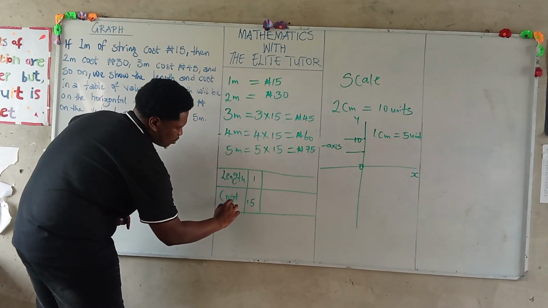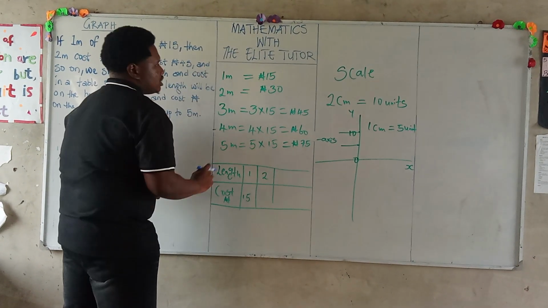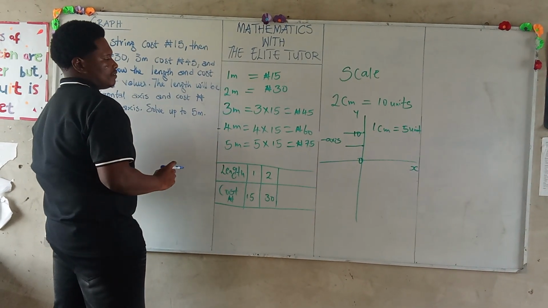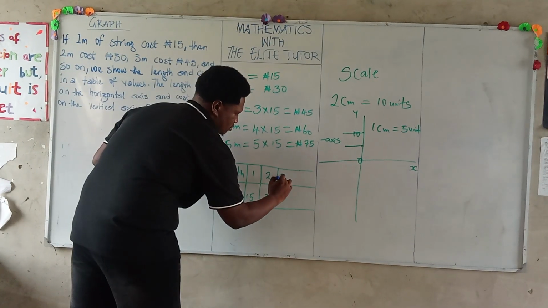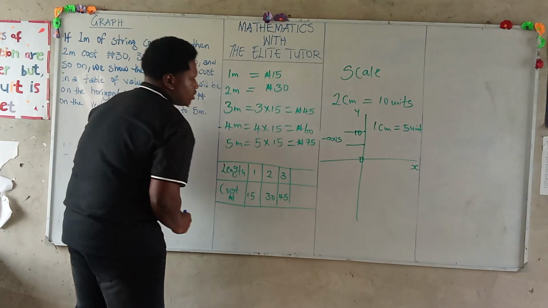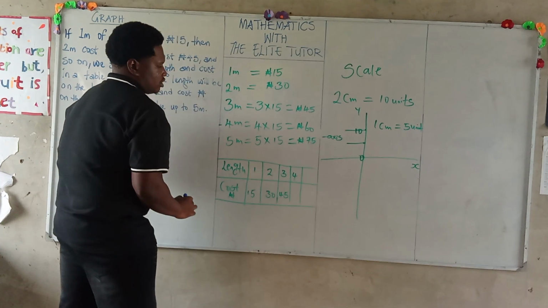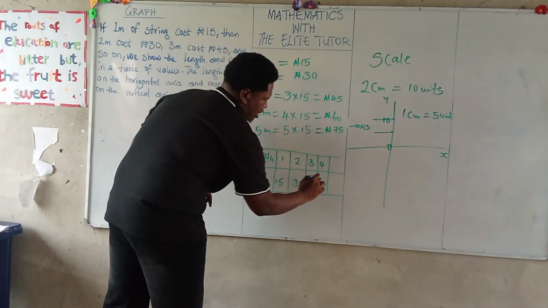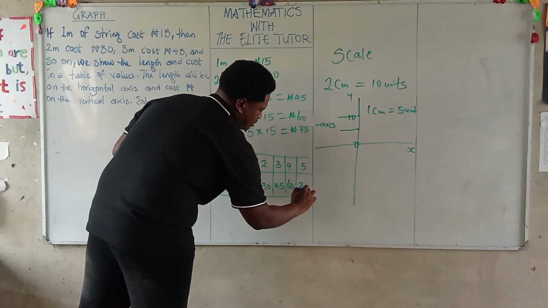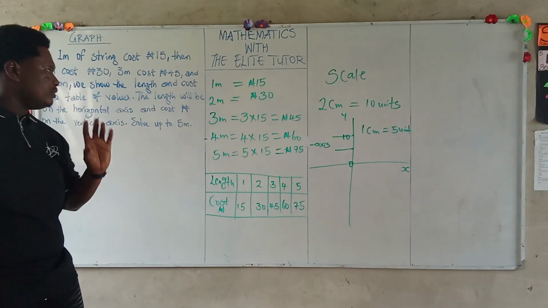The cost is in naira, so put a naira sign. 2 meter is equal to 30. We have 3 meter, it's equal to 45. We have 4 meter, it's equal to 60, and 5 meter is equal to 75. So we've been able to prepare our table of value.